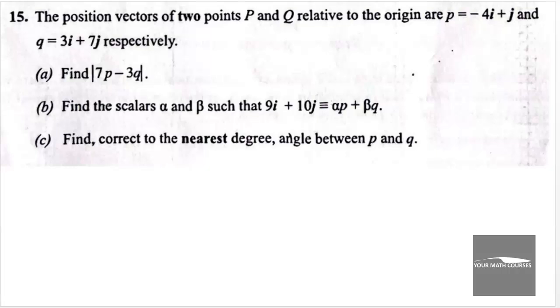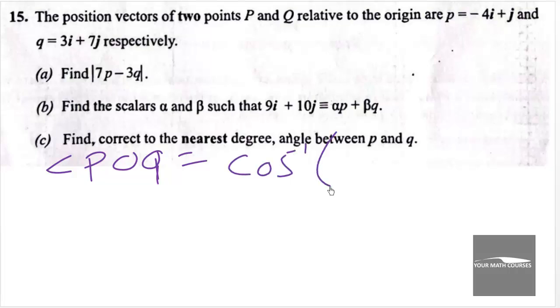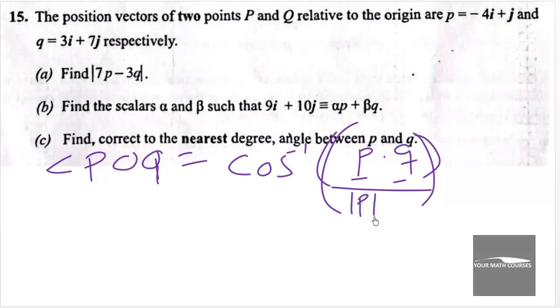Using the dot product, the angle between P and Q, angle POQ, will be equal to the cos inverse of P dot Q over the magnitude of P times the magnitude of Q.